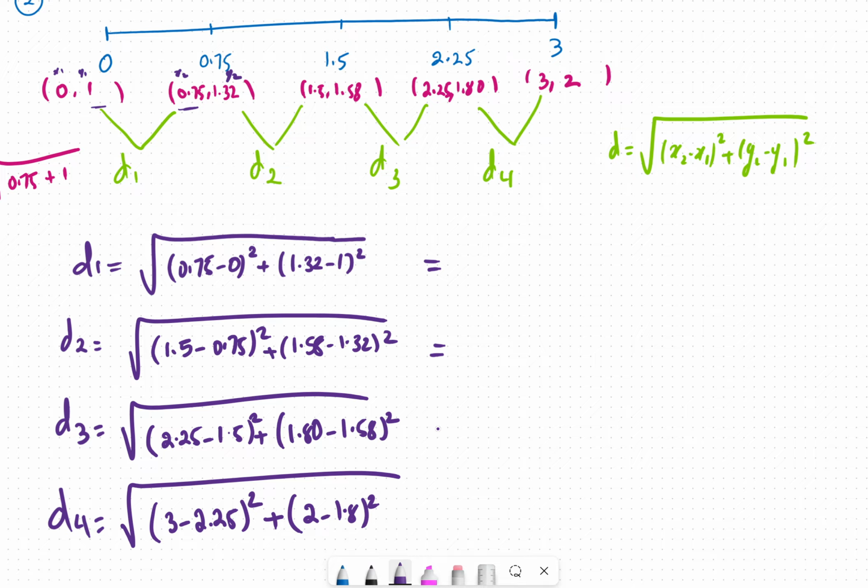Now I will go to my calculator and we will start substituting each one of these into our calculator. So the first one is going to give us 0.815. The next one, so I'm just writing the same thing into my calculator. This one is going to give me 0.794.